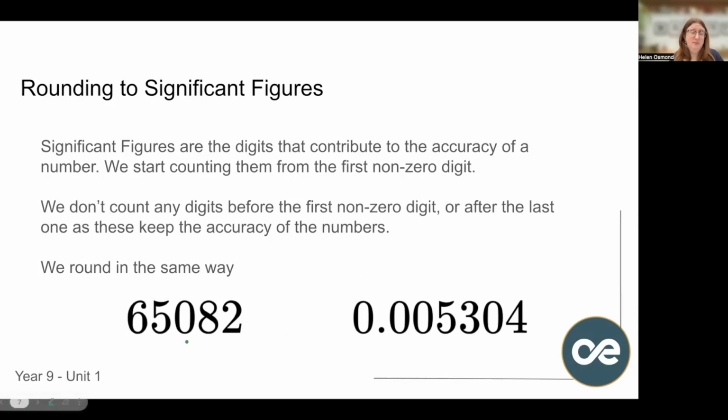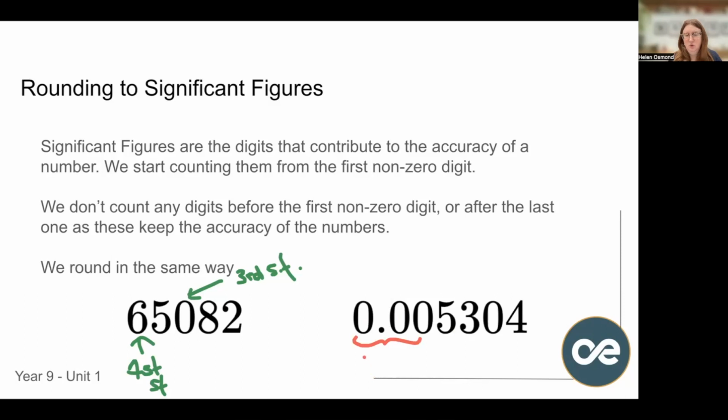So if we have a look at these numbers here, I've got 65,082, not 802, 82. So this is my first significant figure. 5 is my second, and in this example, 0 is my third significant figure. Okay. Whereas if I look at the next one along, I've got 0.00.